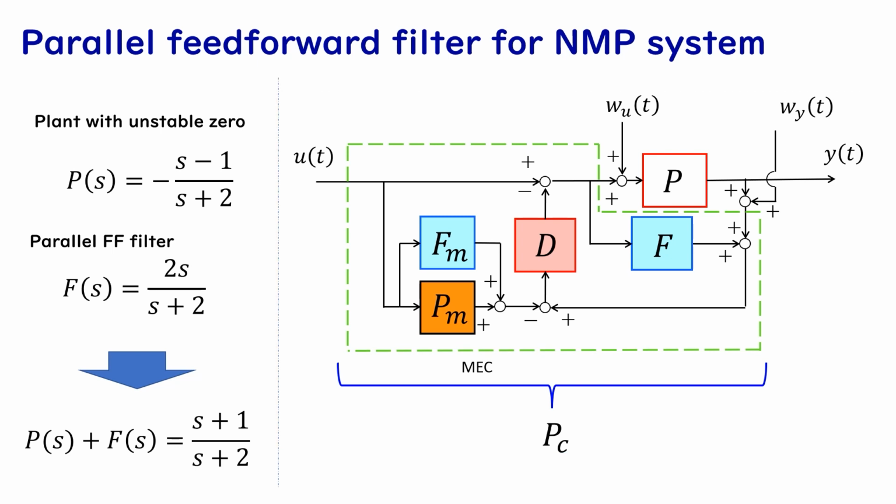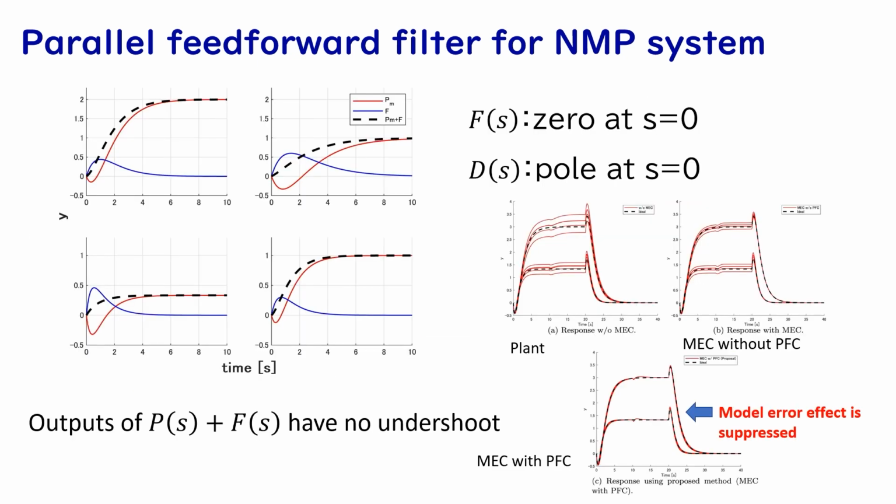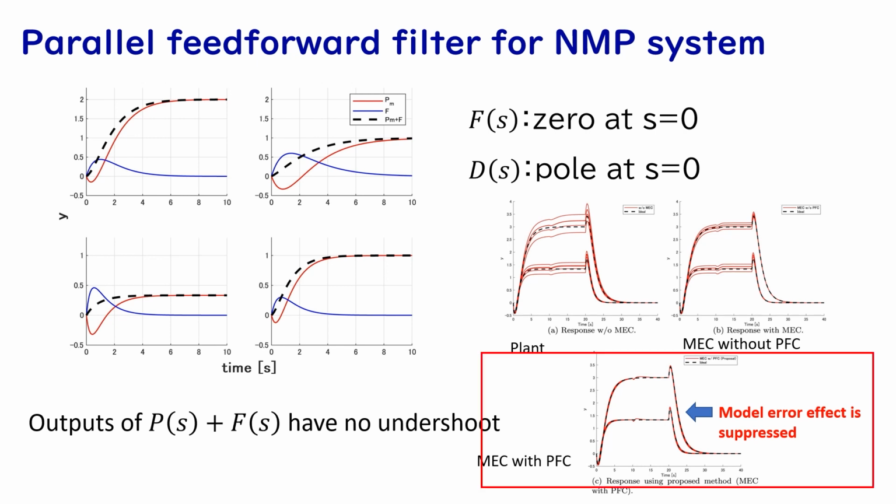In our research, we assume Fm equals F. This is the output result for the non-minimum phase system. We add a zero at s equal to 0 for F and a pole at s equal to 0 for D. We can find that the model error effect is suppressed in the case of the model error compensator with the parallel feed-forward controller.